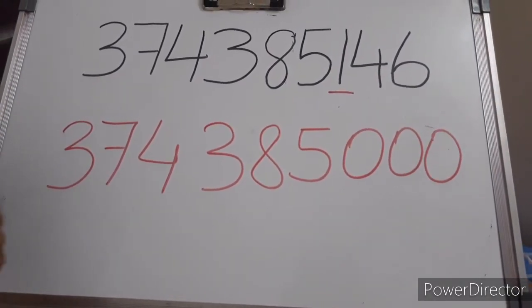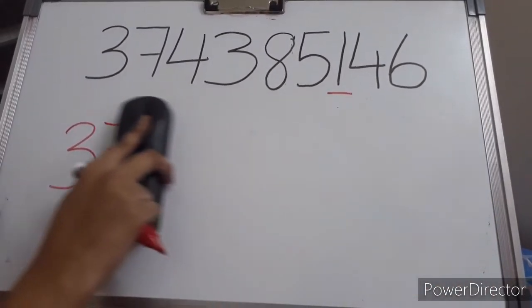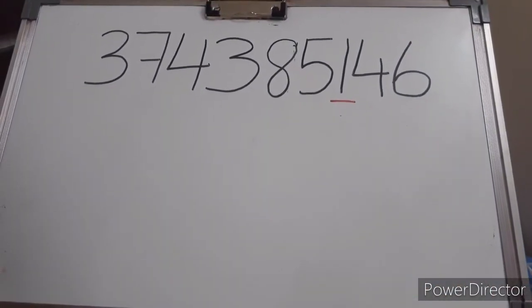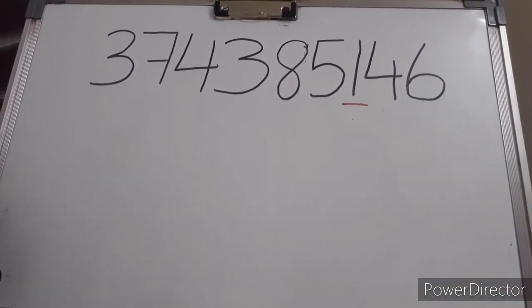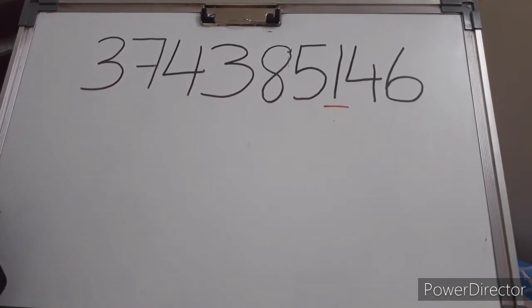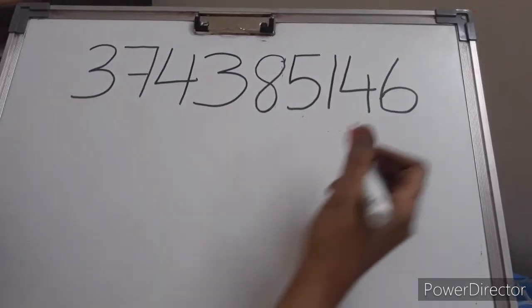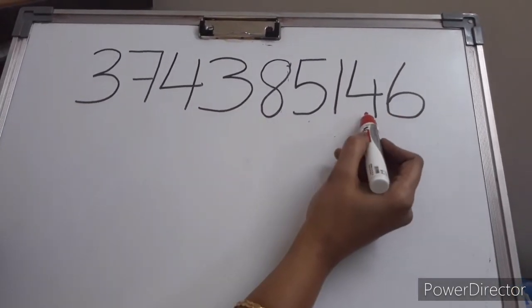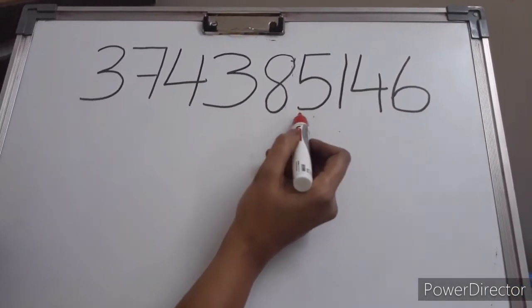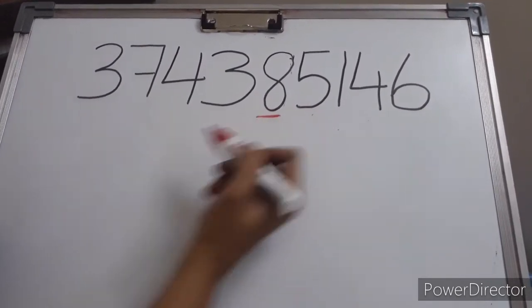And suppose we have to do nearest to lakhs, what do we have to examine? We have to examine the 10,000 place. So which is the 10,000 place? First we will check ones, tens, 100, 1000 and 10,000.